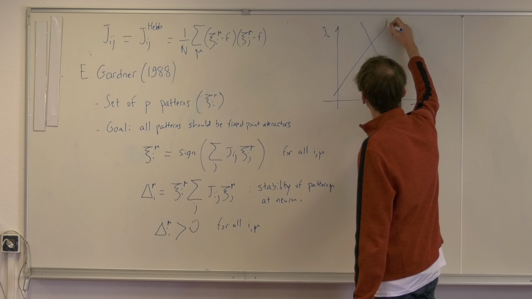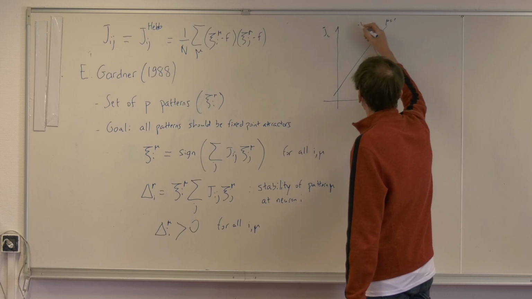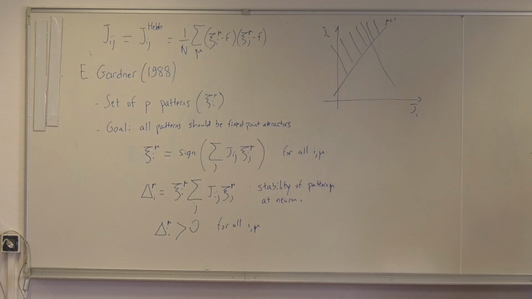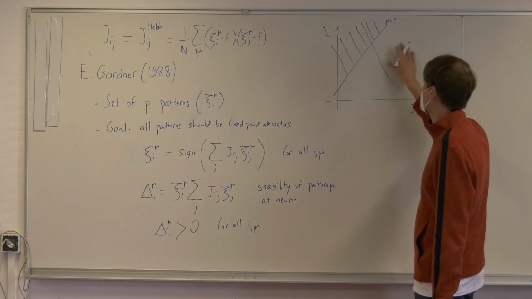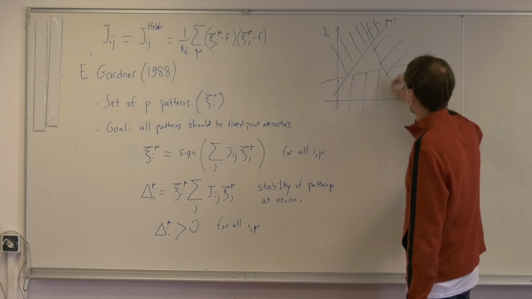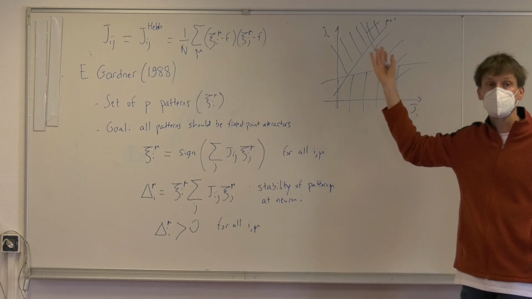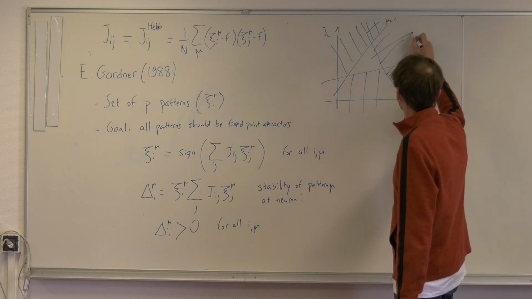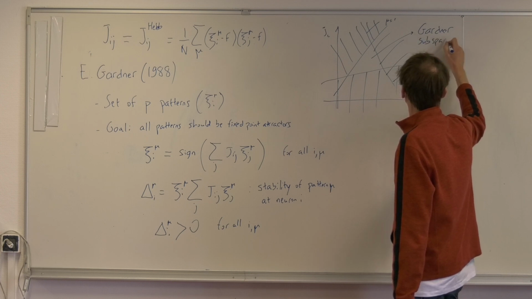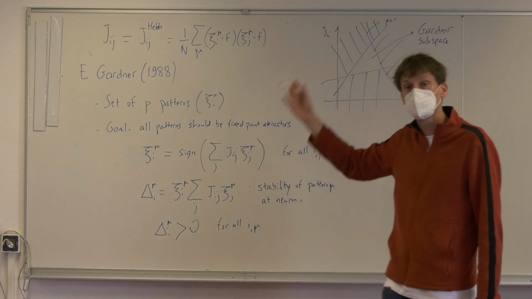This is for mu equal 1. Here I'm focusing on one particular neuron, I. One pattern will impose a particular constraint, so you should be on this side of the hyperplane, and maybe for another pattern you'll be on that side, and then for a third pattern you'll be on that side. That will define a subspace, which I will call the Gardner subspace or Gardner volume. This is the subspace of weights that satisfies all the constraints imposed by learning.